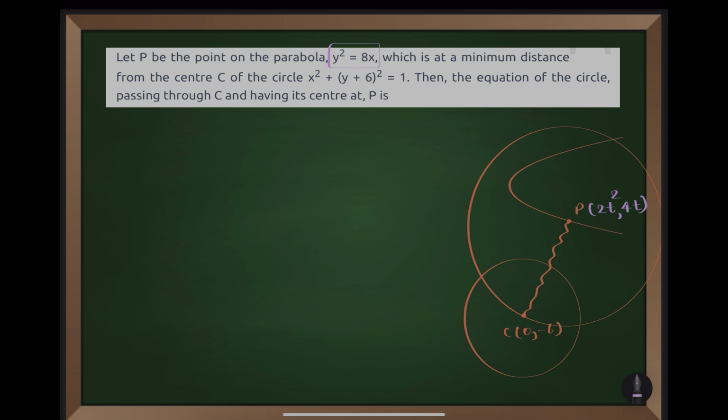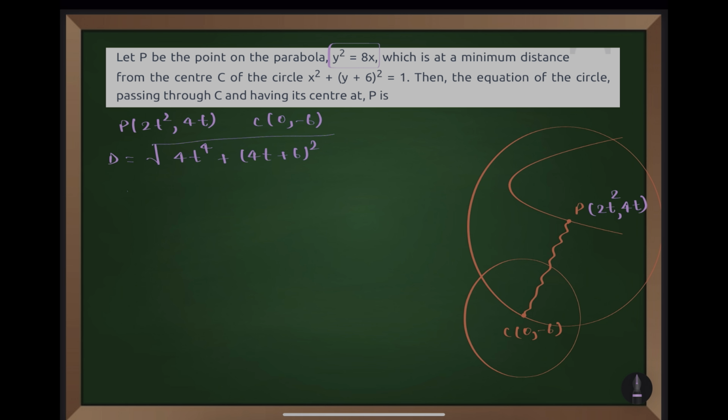Now, point P is (2t², 4t). Point C is (0, -6), and they are talking about the distance to be minimum. So can I go with the distance as the root of (2t² - 0) whole square, so it is 4t⁴, plus (4t - (-6)), so plus 6, whole square.